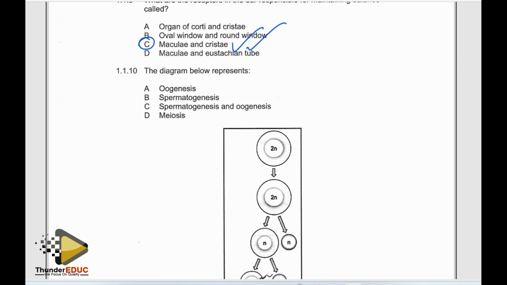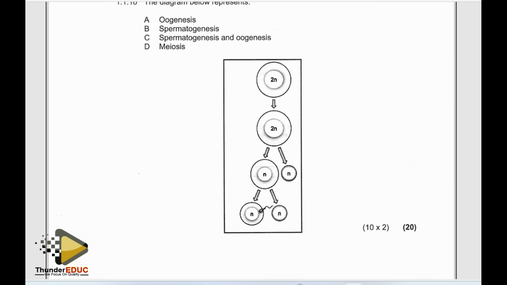Then they're saying, question 10. The diagram below represents what? What do you see here? You see it's a diploid, then you have haploid, but these cells degenerated. You understand? So you see that this one degenerated, also this one is degenerating. So how do we call this?